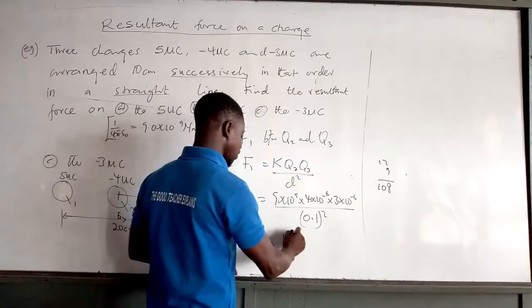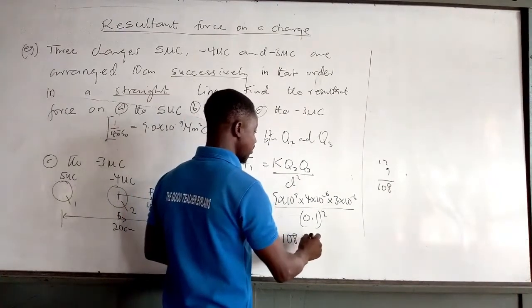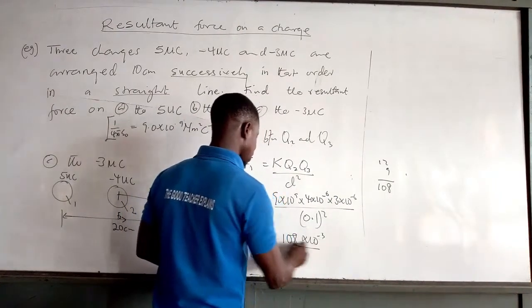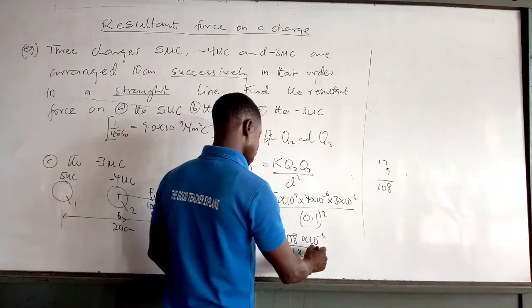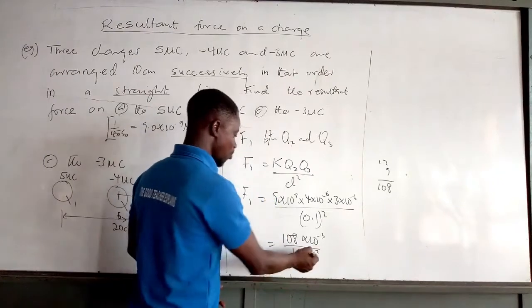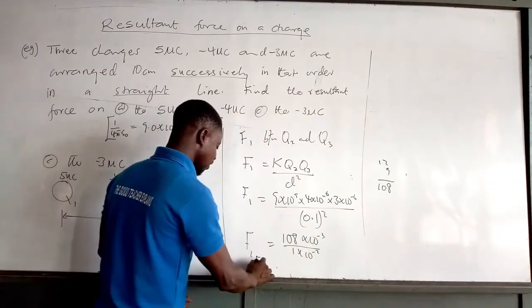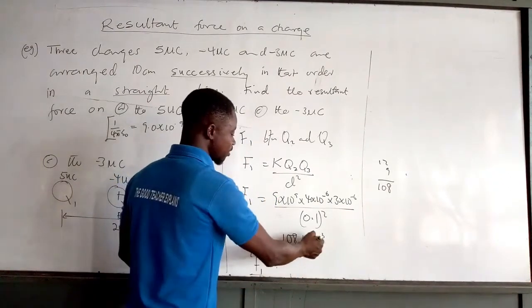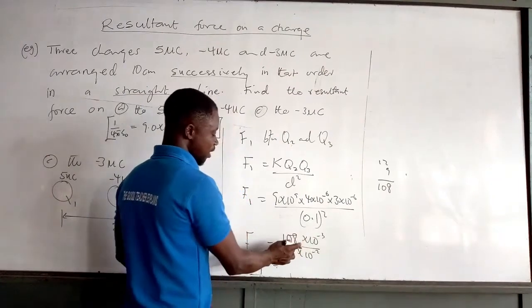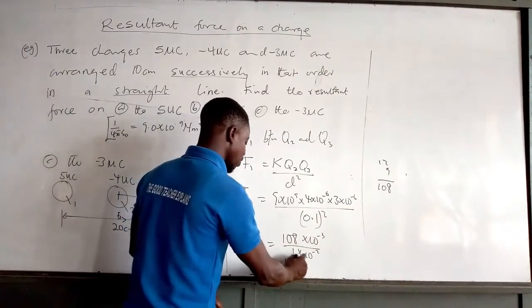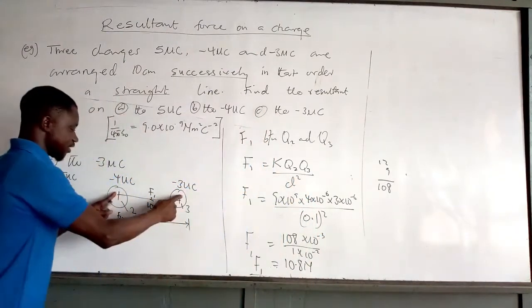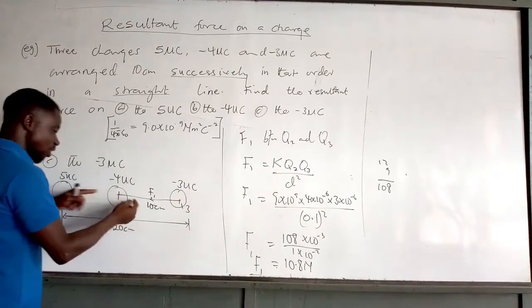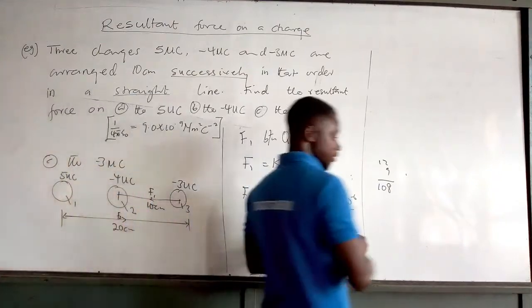That will give us 108 times 10 raised to the power minus 3 all over 1 times 10 raised to the power minus 2. So when we simplify this one, this one will cancel this, give me times 10 raised to the power minus 1. Then that will multiply this, that will give me 10.8 newtons. So the force between these two charges, which is pushing this one away, is 10.8 newtons.